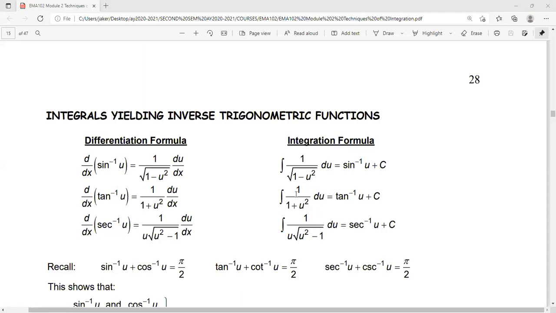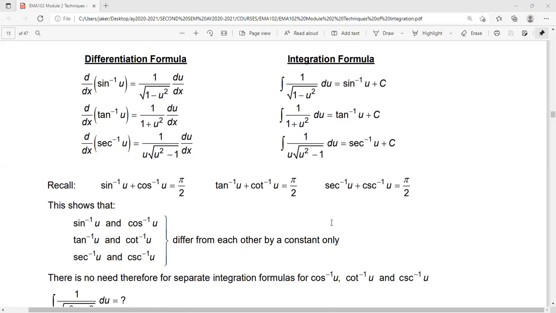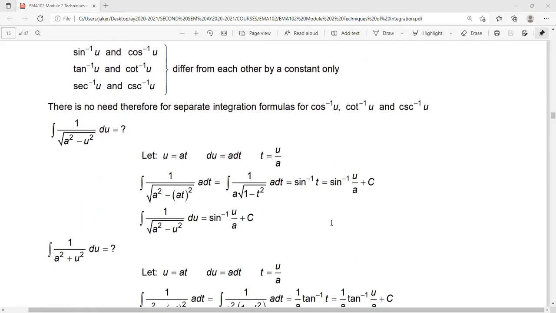So you have 1, 1, 1. What about if this is not 1? What about if this is any real number? Can't we answer the same functions that we have in here? If, let's say, for example, this is 9, this is 25, this is 4. Okay, that question will be answered after I have shared with you the derivation.